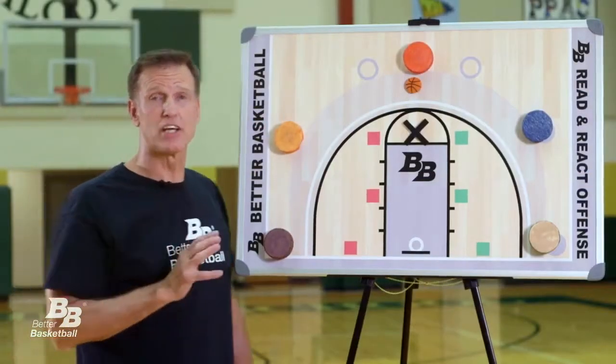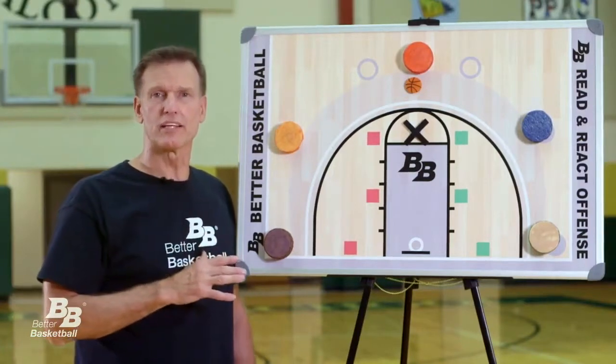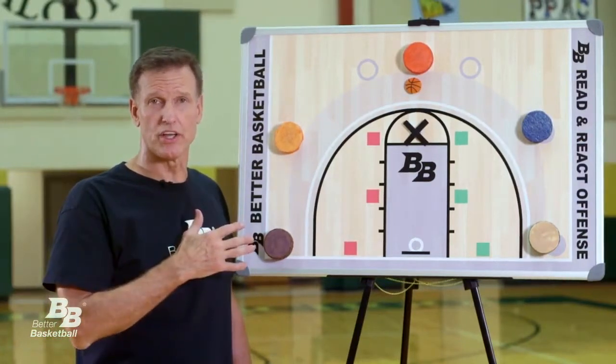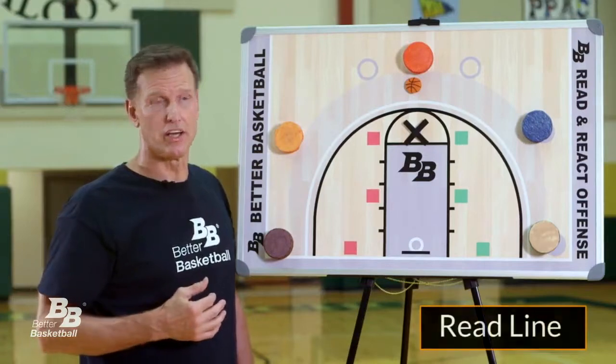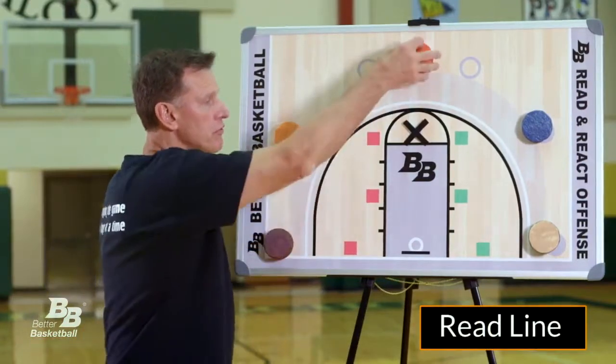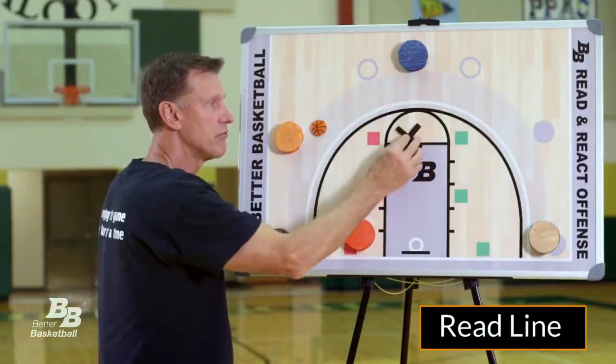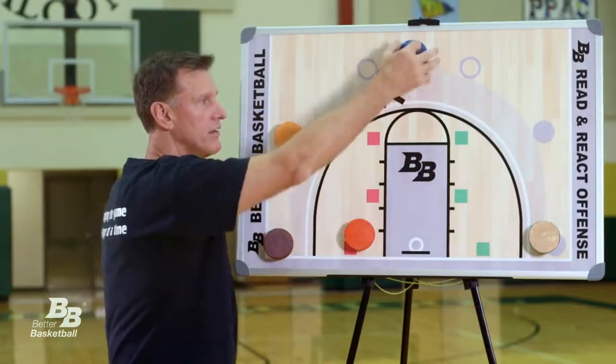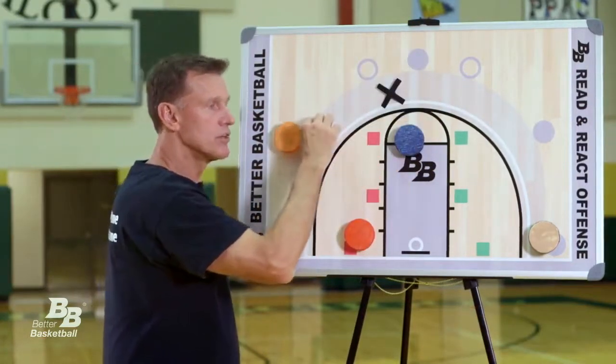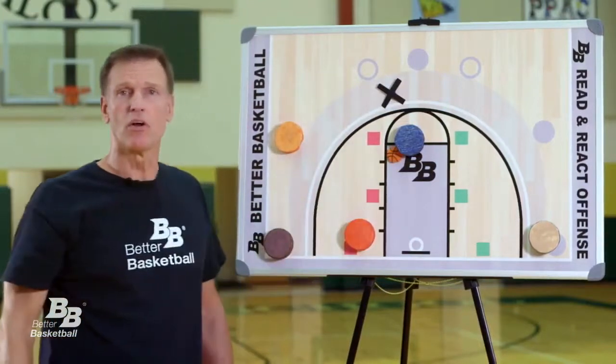Now, besides passing and cutting, what other read and react actions send our players into the nail? What about a read line cut? You're filling an empty spot along the perimeter, and a defender goes over the read line, and you cut. Just try to catch the ball in the nail.